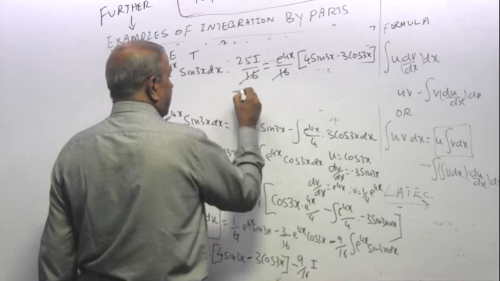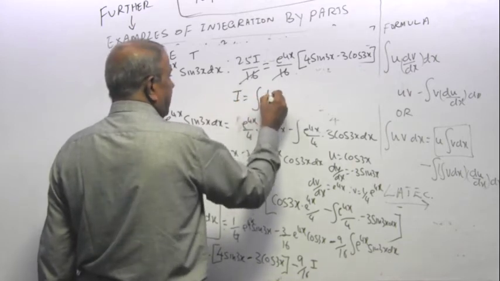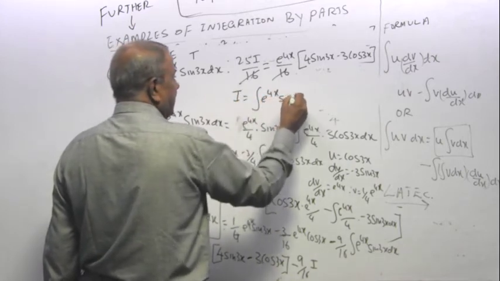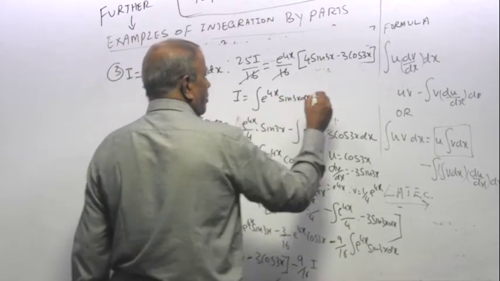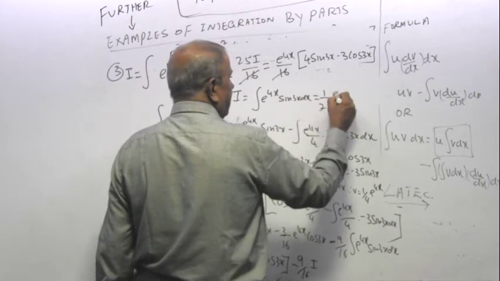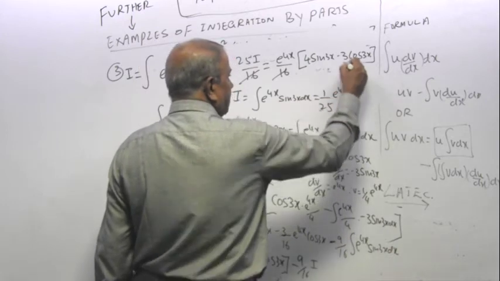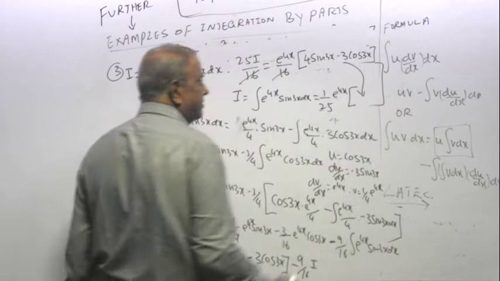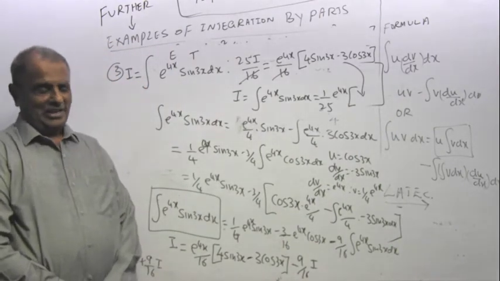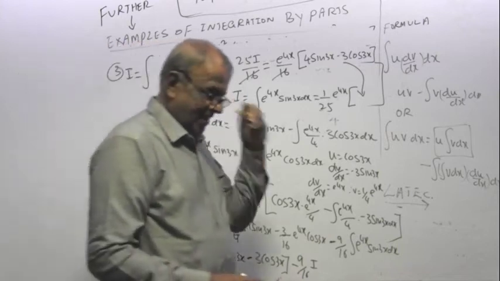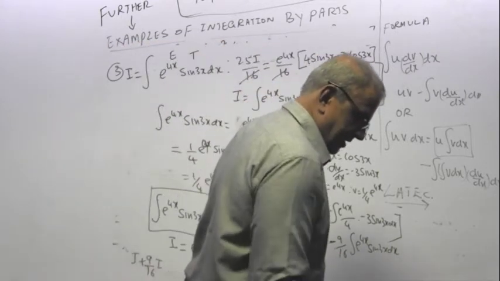So I, which is integral e power 4x sine 3x dx, equals 1 over 25 e power 4x times all that. Right? That's an interesting question. I like it. Hope you liked it.